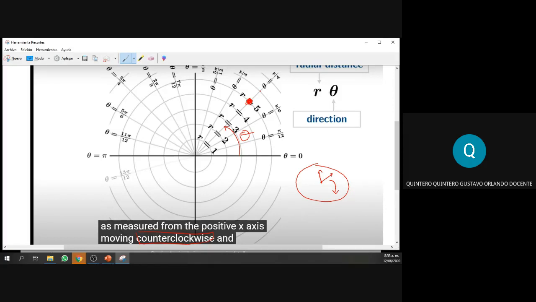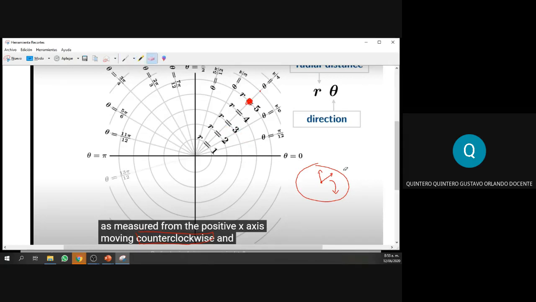But look, our angle is going in the opposite direction of the clock, so we call this counterclockwise. This is the usual way we measure degrees or radians. We measure any angle counterclockwise, in other words, going upwards. All right, guys? Beautiful. Let me erase all of this.